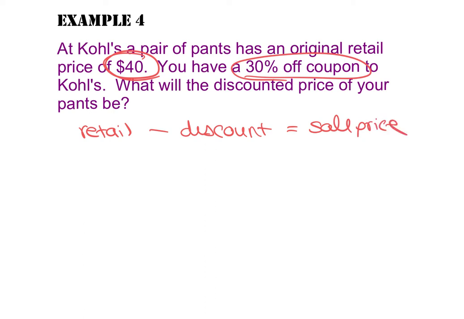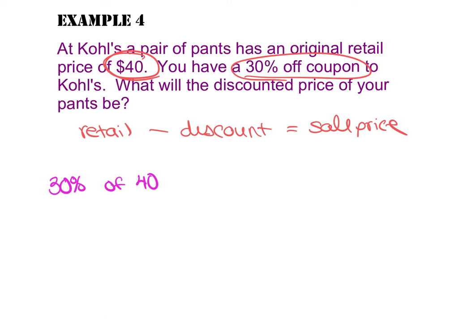The first thing we have to do is calculate our discount. To calculate our discount, we need to find 30% of 40. If you're thinking, well, this looks really similar to markup, good, you should be, because it is. We can use the same two strategies to find our discount.